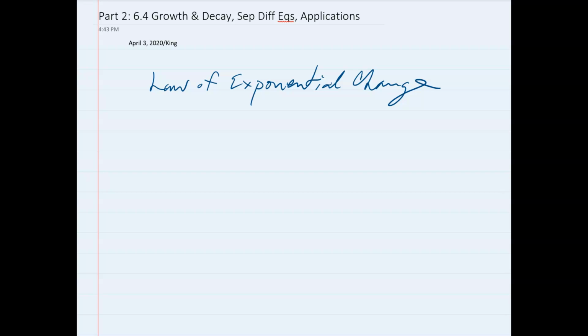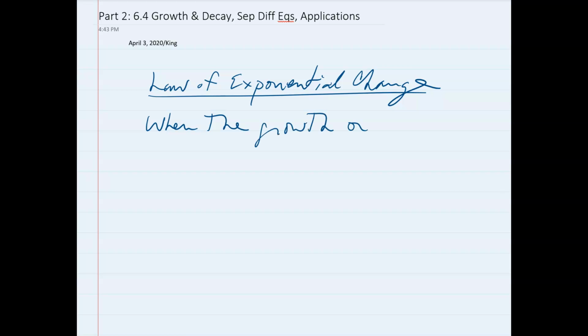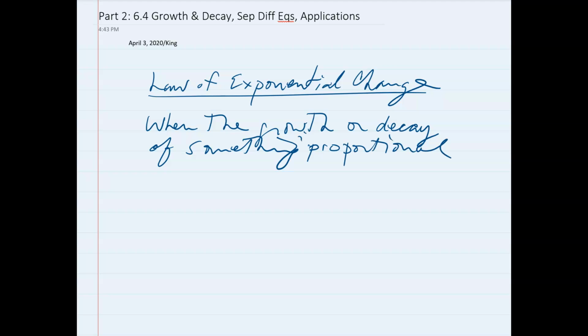So the law of exponential change, hope you guys can read that all right, says the following. It arises when the growth or decay of something is proportional to the amount of that quantity.